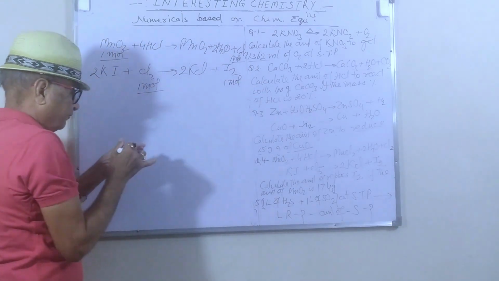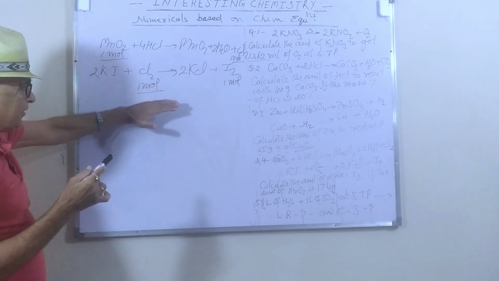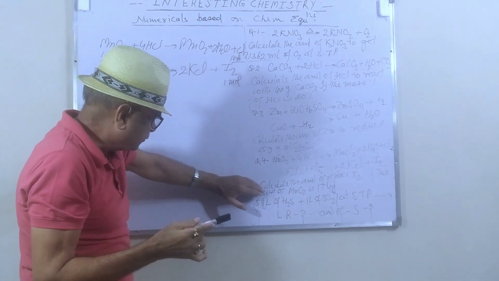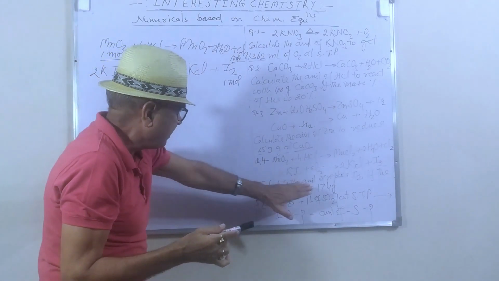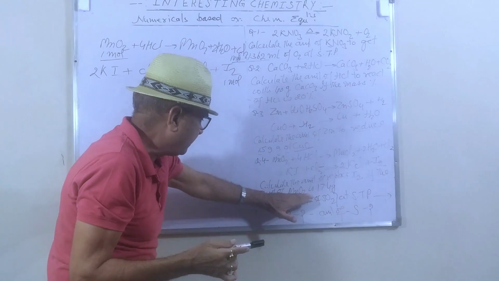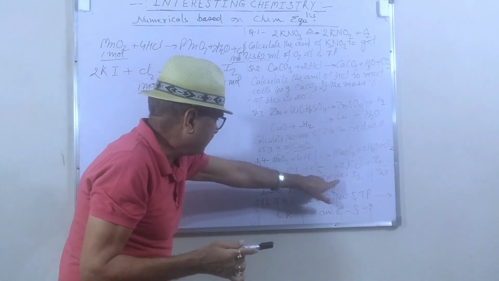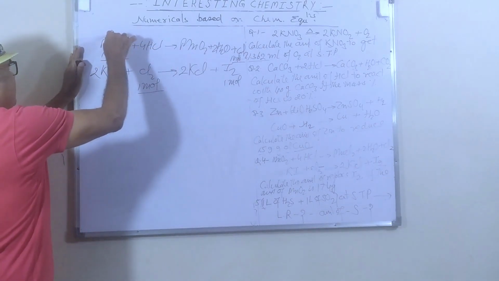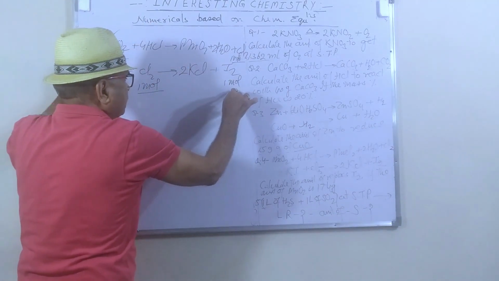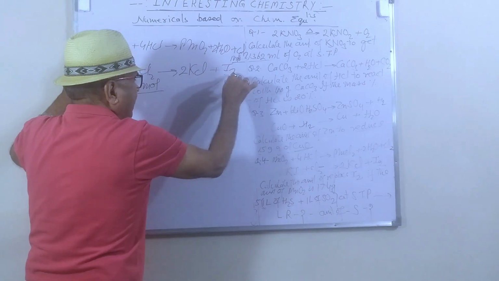So again, establish a relation according to what you are required to calculate. The amount of MnO2 is the given amount, and you have to find out the amount of iodine.